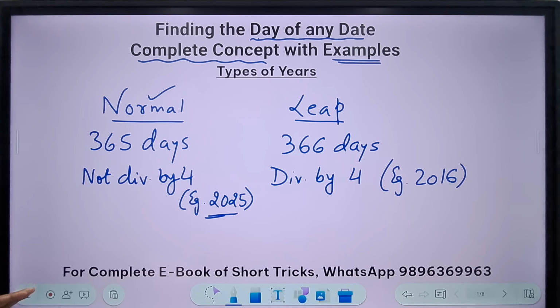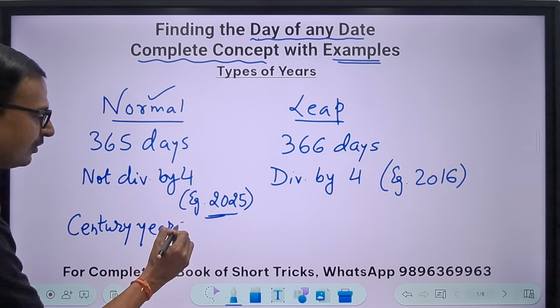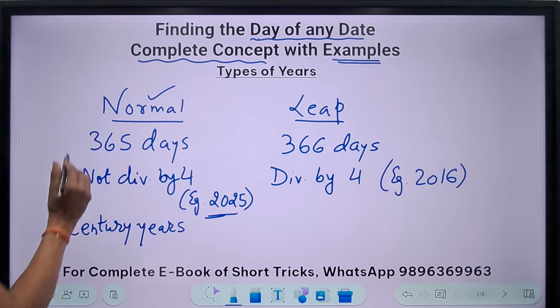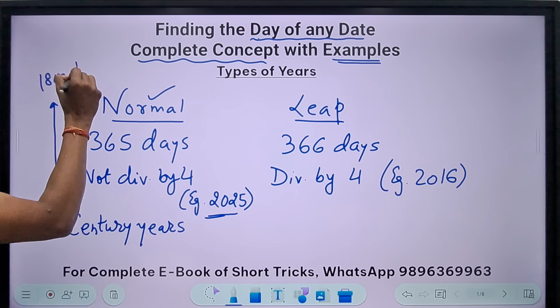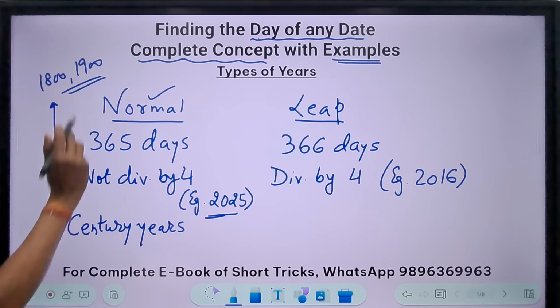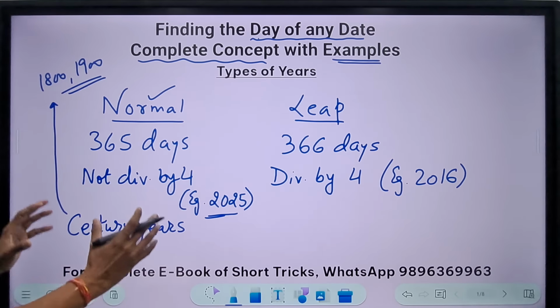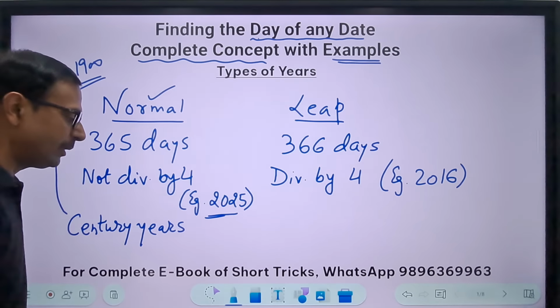We are talking about the century years. I hope you know what are century years. Century years are the years which are divisible by 100. So I'll take some examples, just like the year 1800, 1900, these are all century years, right? So all century years which are not divisible by 400, they are all normal years.